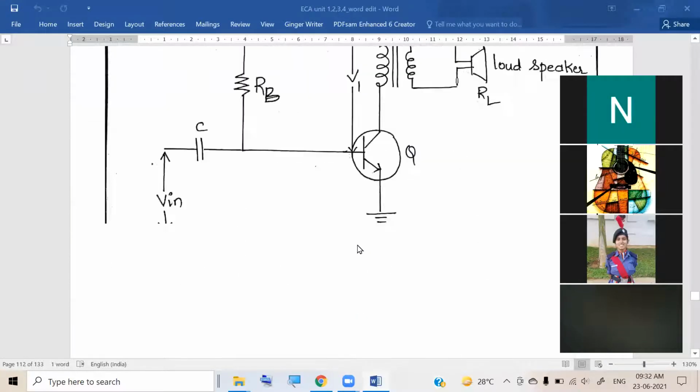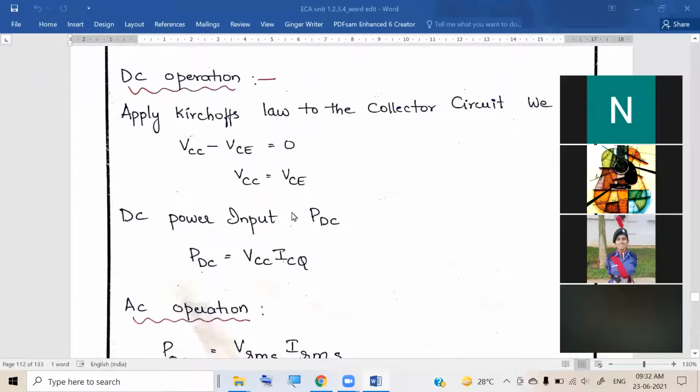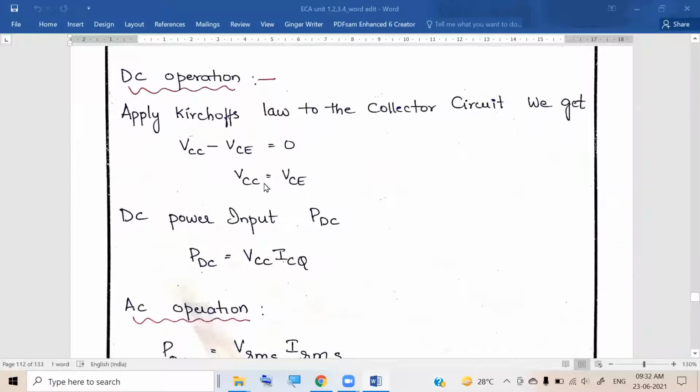The load line is not dependent on the collector current. The DC load line is not dependent on the collector current. So we have simply VCE is equal to VCC, VCE is equal to constant.